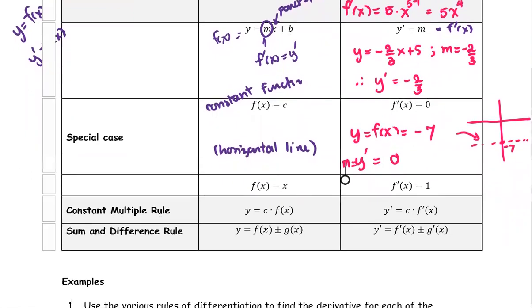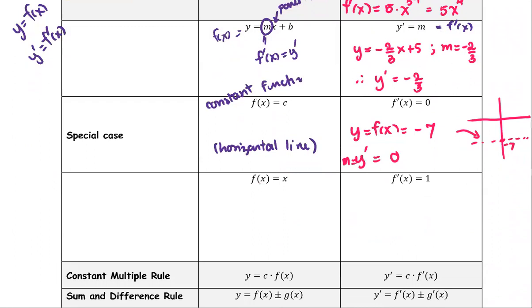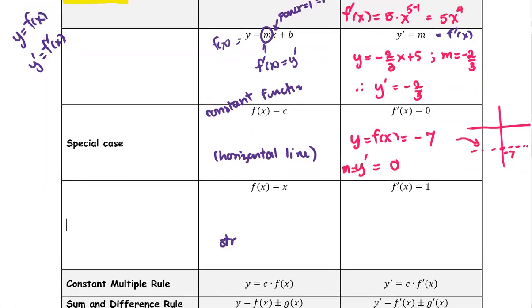Another special case is just the straight line. Think about the graph y equals x.